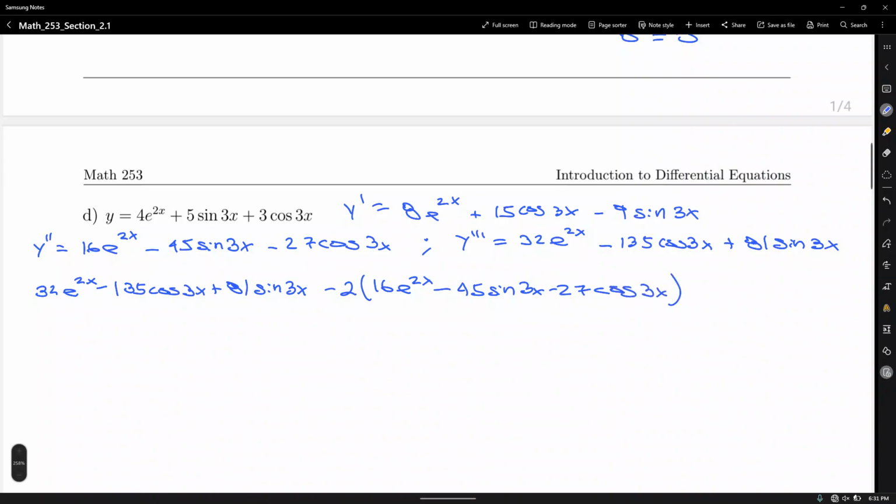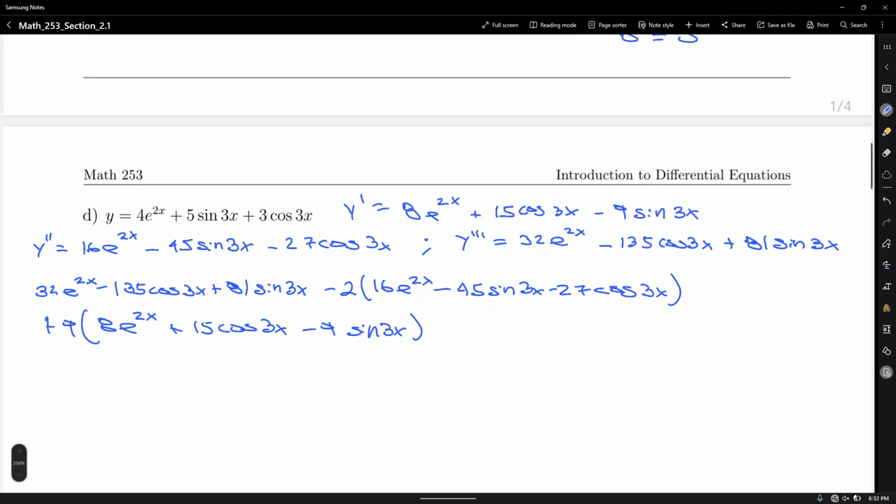Okay? And then what's next in the differential equation? Plus 9 times the first derivative, 8 e to the 2x, plus 15 cosine 3x, minus 9 sine 3x.